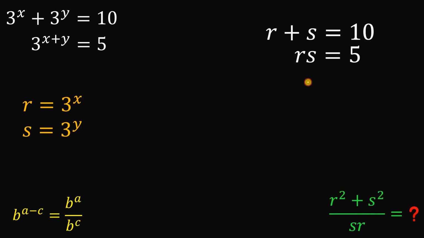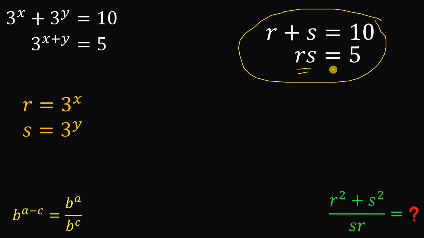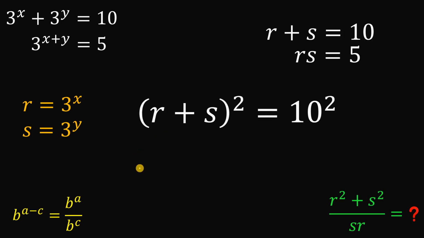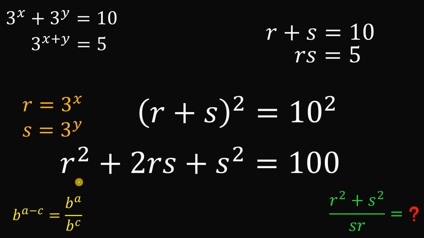And now, using these two equations, the goal now is to find the value of r squared plus s squared, because we now have a value for r times s. Now, how do we get r squared plus s squared? So let's use the first equation, and what we're going to do is to square both sides. Because if we square both sides, we get r squared plus 2rs plus s squared.